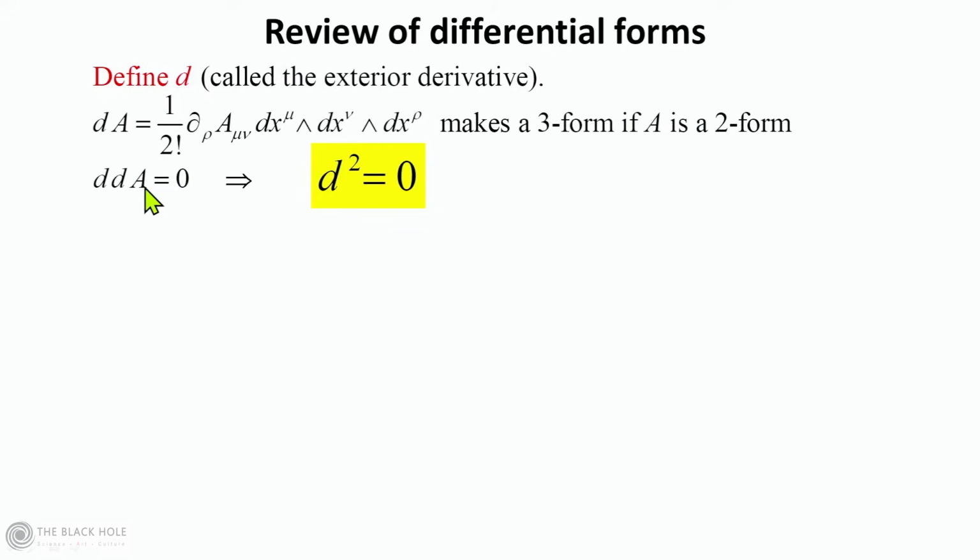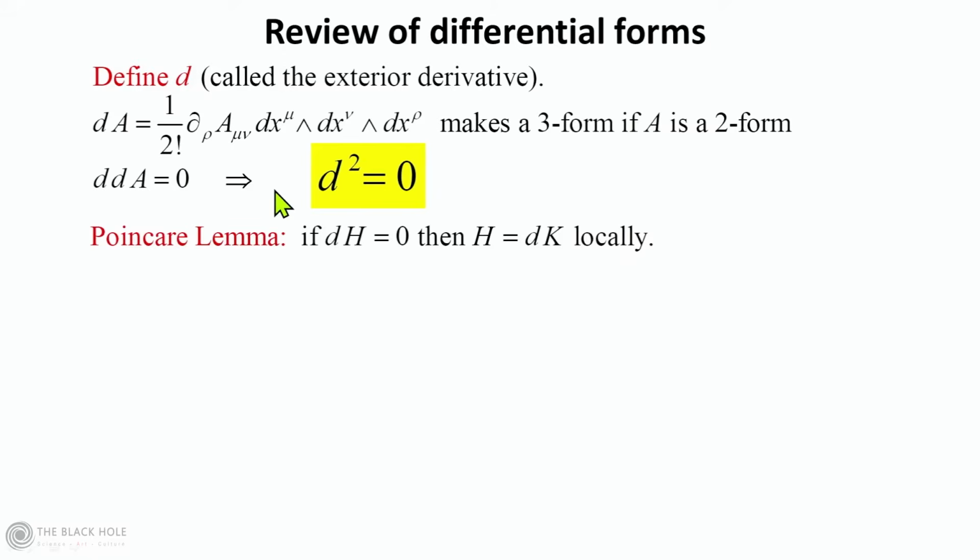Therefore, whatever form is over here, if it is of the type d times something, then d acting on that will give you 0. This is a very useful fact that we'll use again and again in what's going to happen now.